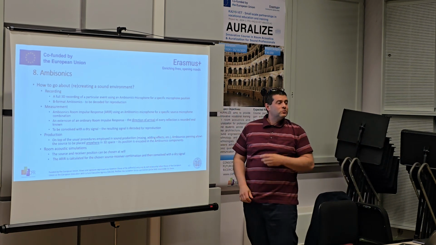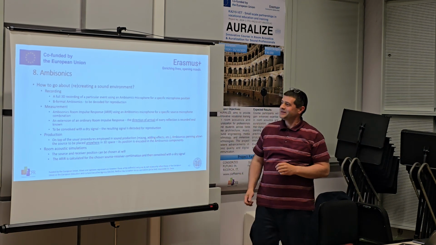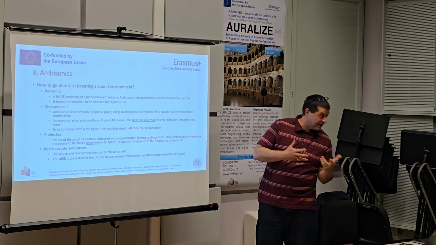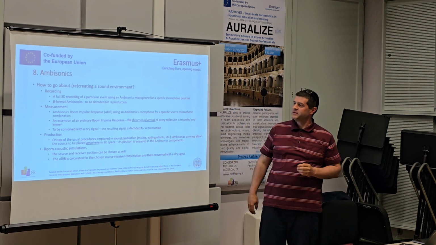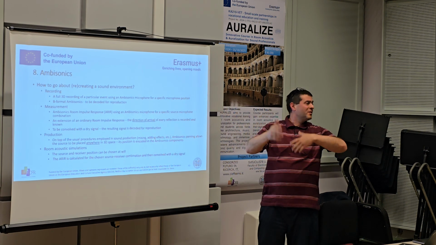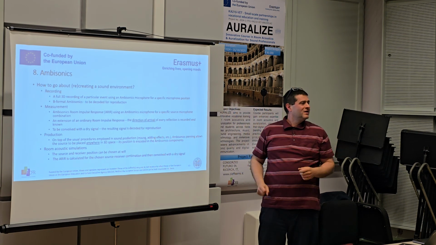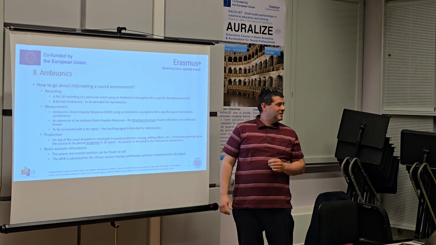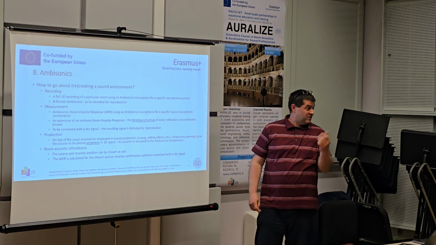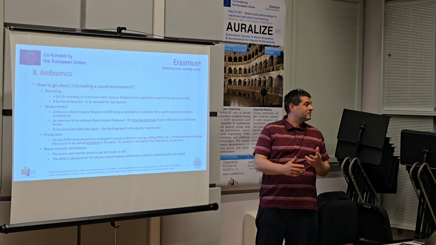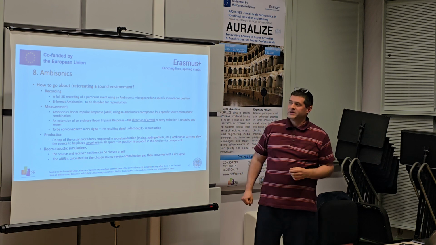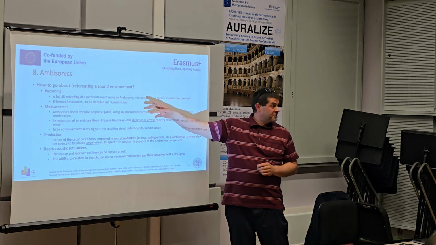So, to come back to our starting question, how do we actually go about either creating or recreating a sound environment? Well, we can always do a recording. It will be an elaborate recording, but in essence, it's the same as doing it with a simple single channel, simplest microphone. We take an octamic, an eigenmic, a Zylia, and we make a multi-channel recording of a particular event.